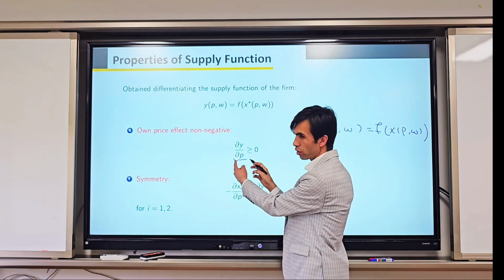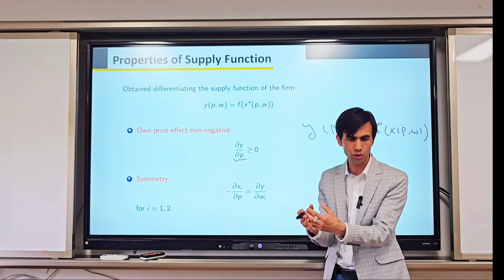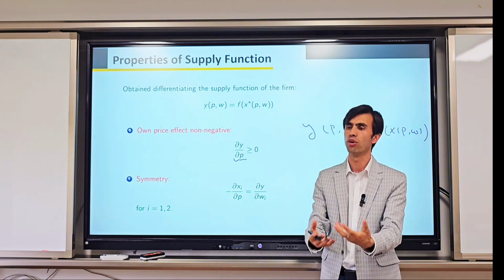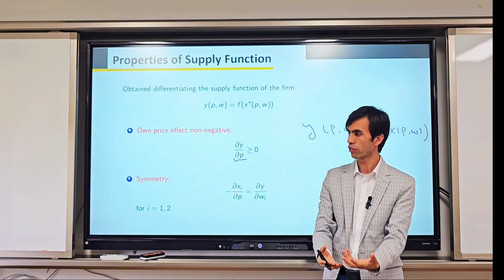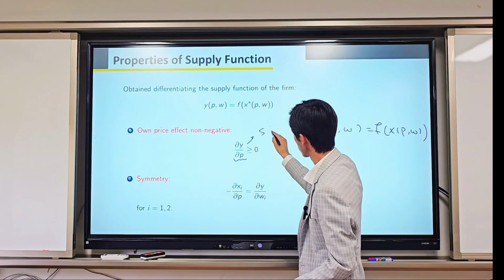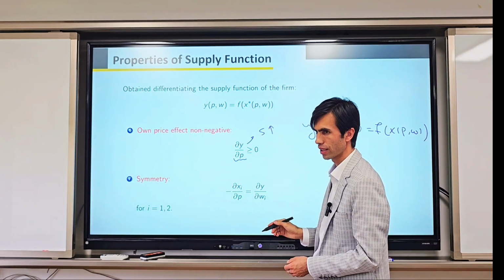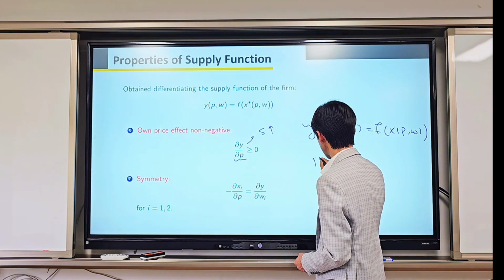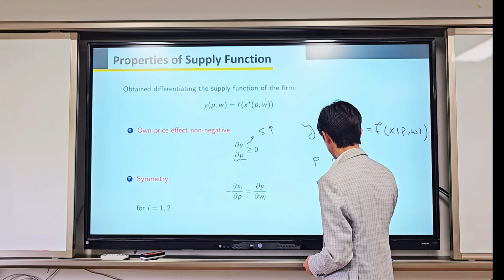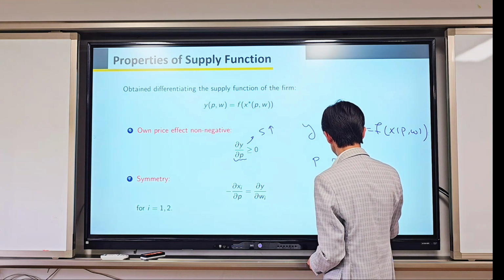When the price of output increases, because now you can get more profit from the market, you are willing to sell more. When you are willing to sell more, you need to supply more. Then your supply should increase. As we already know, the relation between price and supply is like this: as P increases, supply should increase.